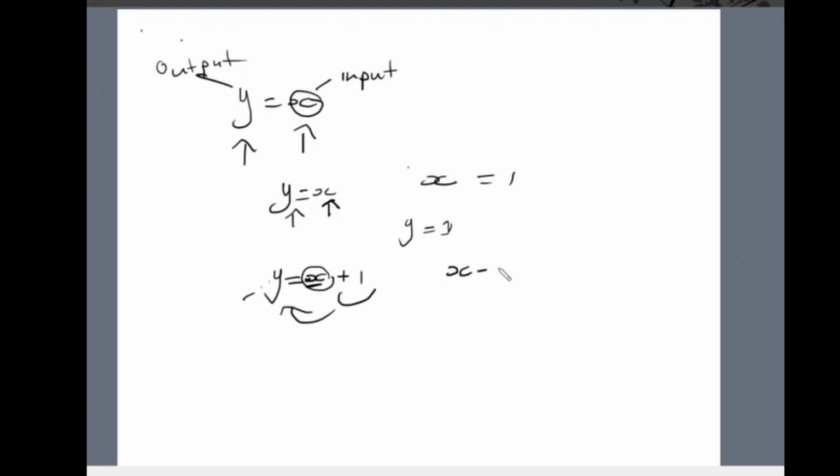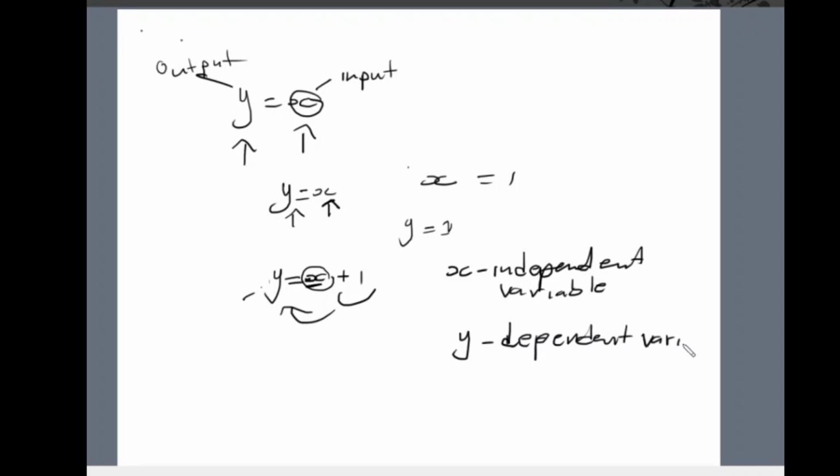So x is your independent variable, y is your dependent variable, right? y is your dependent variable because in order for you to know y, you have to know x first, meaning y depends on the value of x.